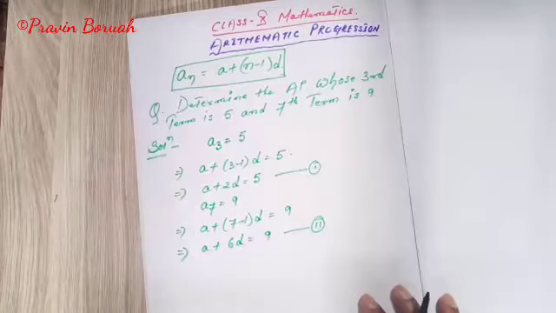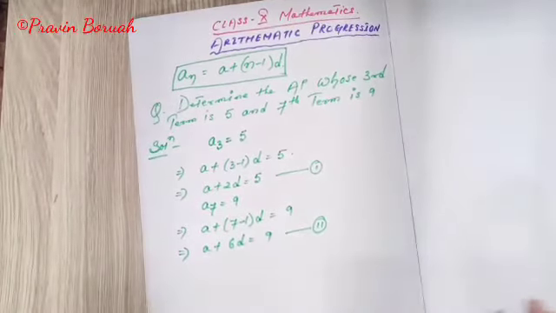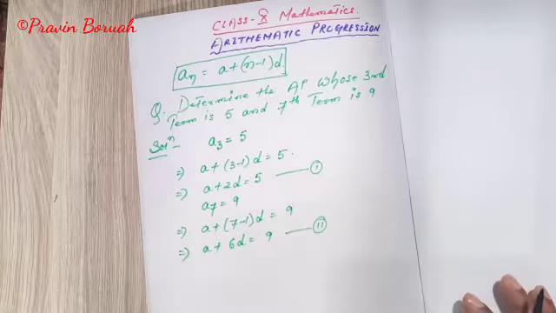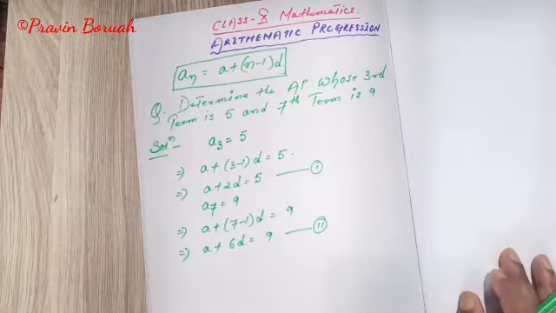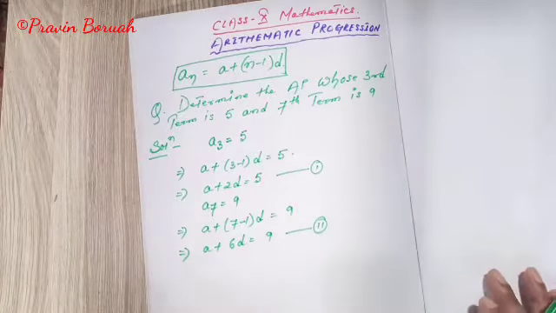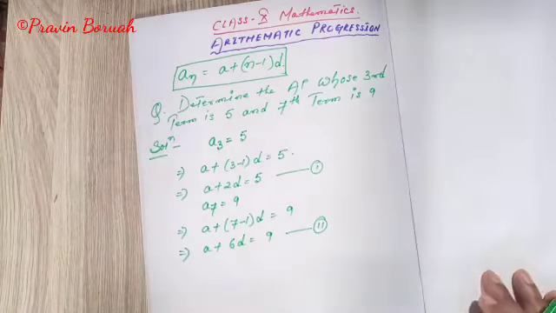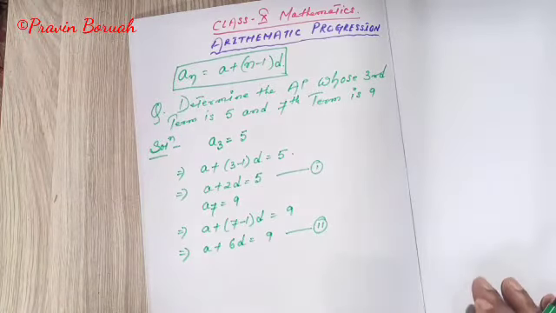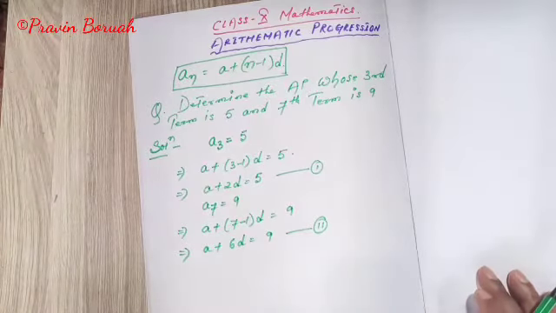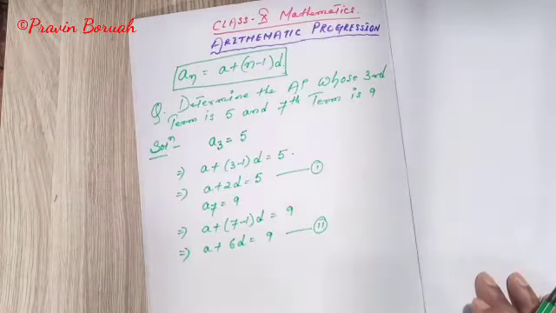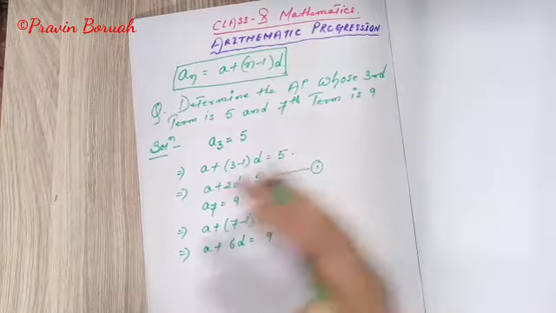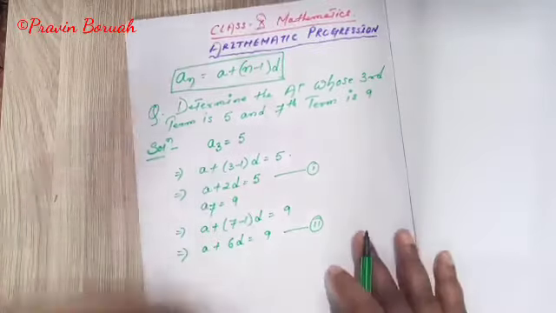Here the unknown variables are a and d, and here also the unknown variables are a and d. So it's a linear equation in two variables. You know how we solve linear equations in two variables: by elimination method, by cross multiplication method, or by variable separable method.